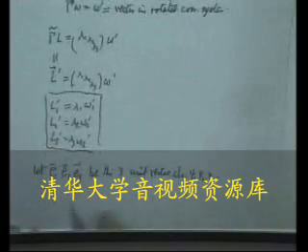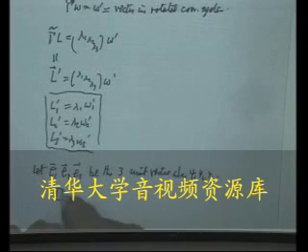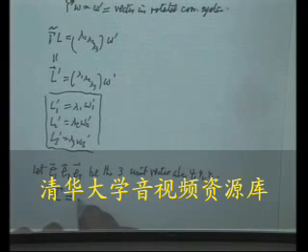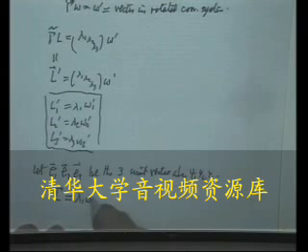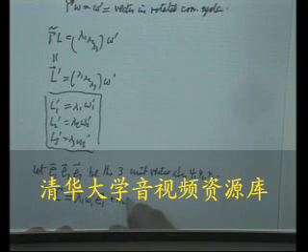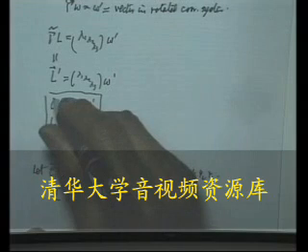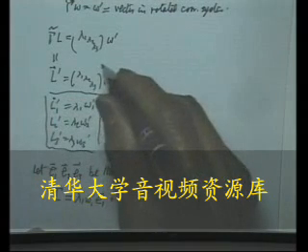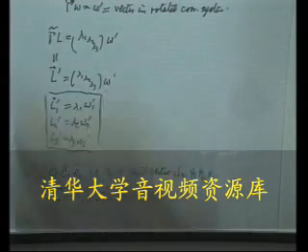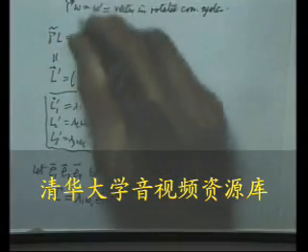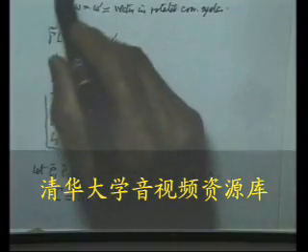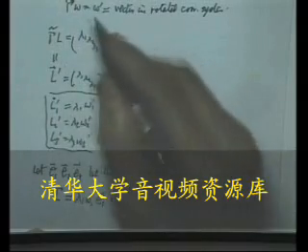So this equation merely means L is equal to lambda 1 omega 1 prime times E1 plus lambda 2 omega 2. Sorry, these are all dots. L dot is equal to j omega.